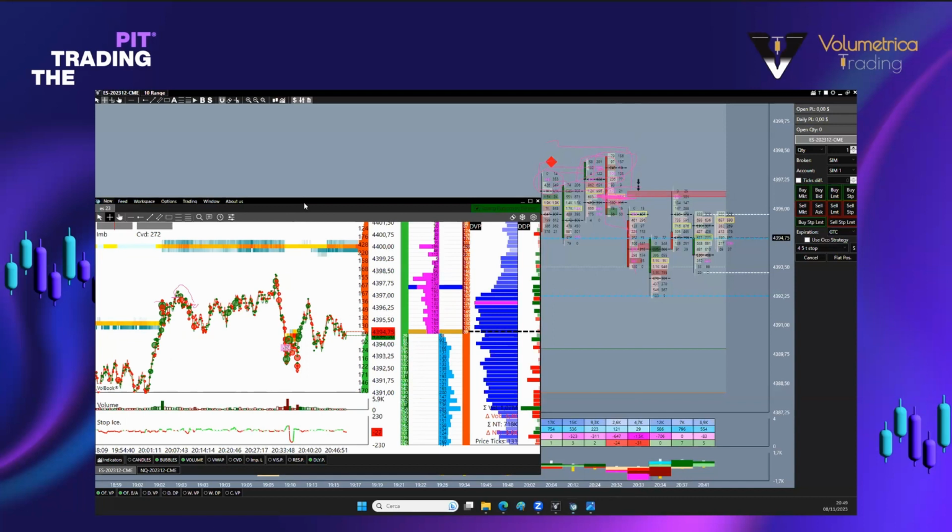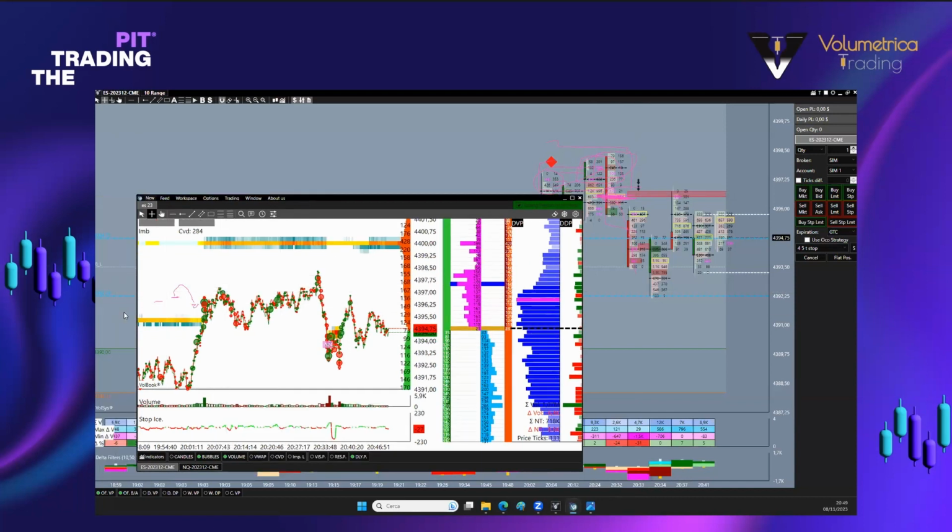But here, just looking at bubbles, nice participation up, making a new high, sorry, with way lower volume to the buy side compared to the previous high.